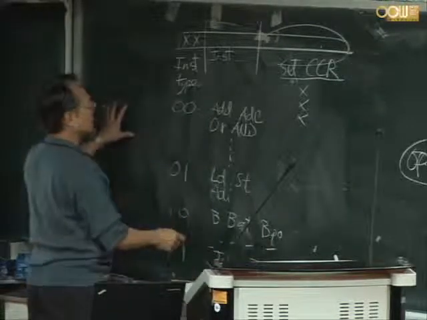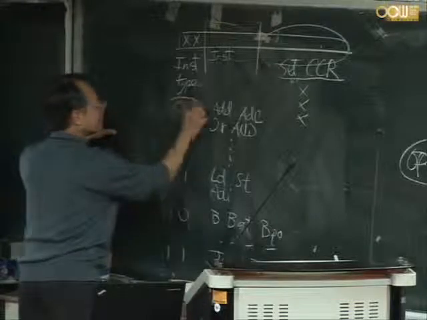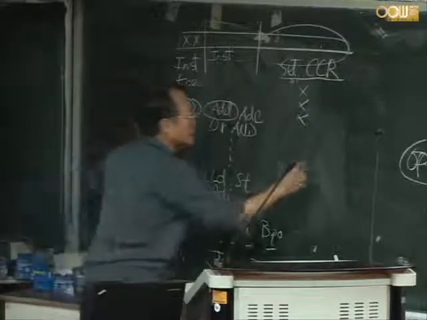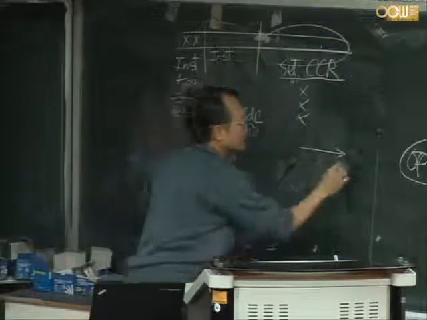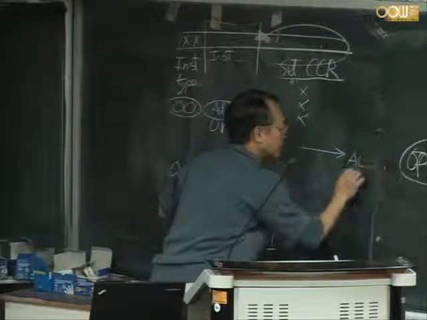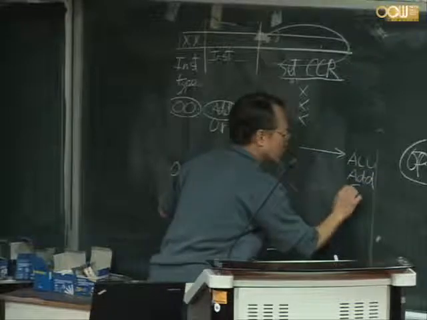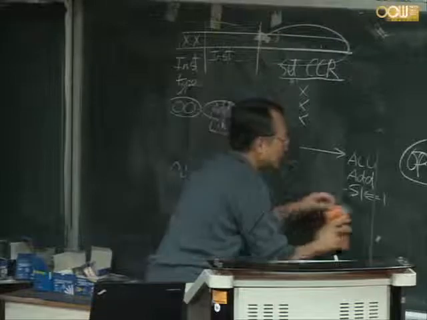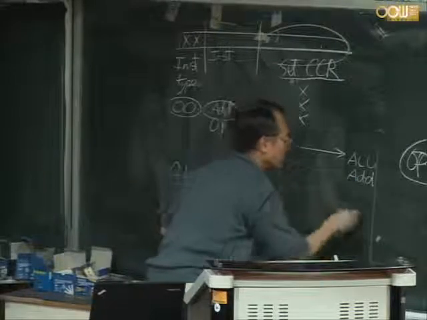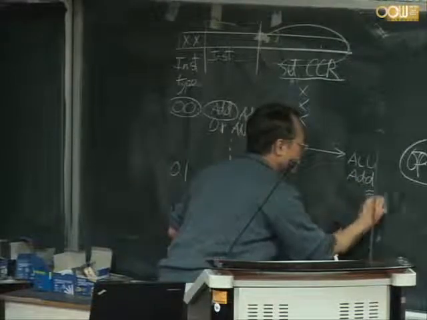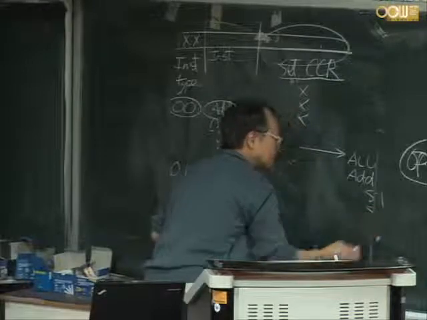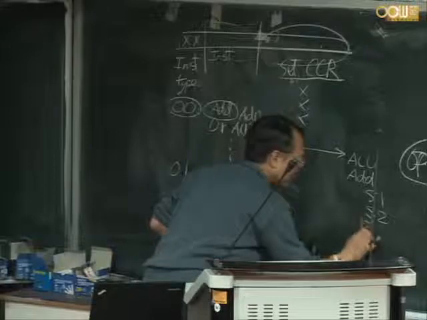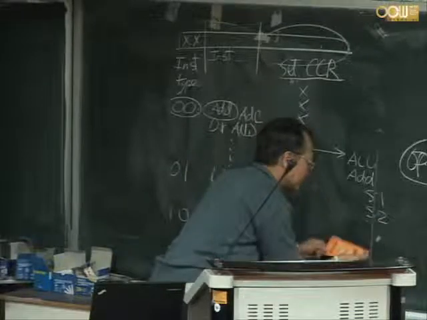So the decoder, with this 00000, then it activates the ALU to do add, and the ALU input 1 comes from source 1, ALU input 2 comes from source 2, and the result writes back to the destination.